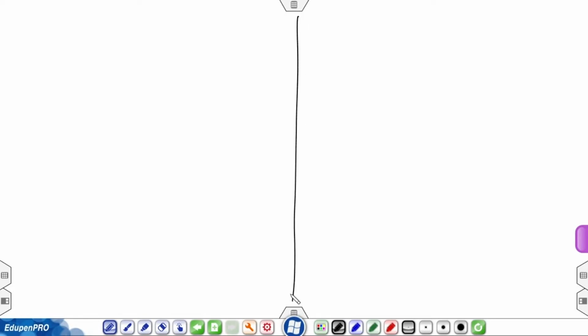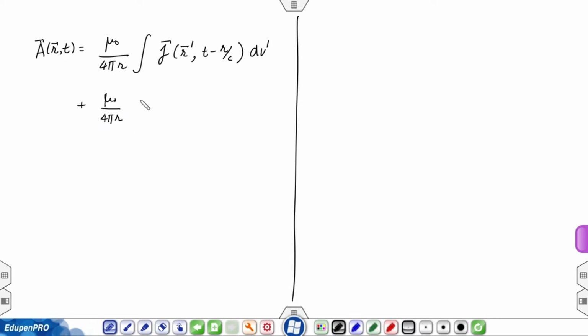Let us now calculate these terms. So, what I have for you is that the vector potential A r, t is equal to mu 0 over 4 pi r integration j r prime comma t minus r over c, retarded time, dv prime, plus mu 0 over 4 pi r integration j dot at r prime, t minus r over c, dv prime.